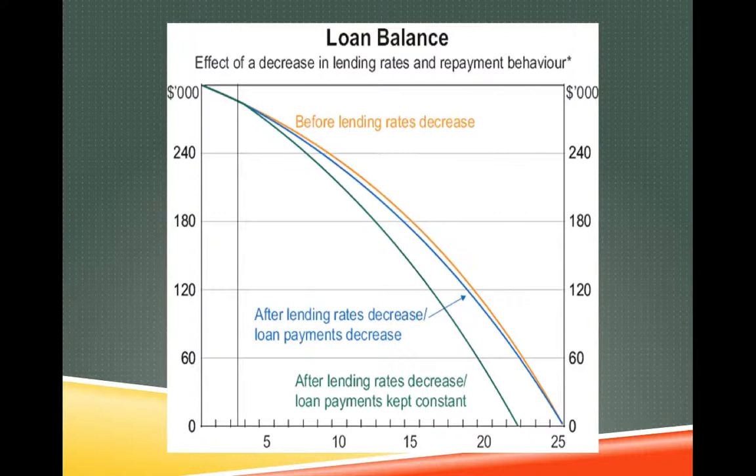During the term of this loan, probably just before 5 years, there's a decrease in lending rates. I then have the option, do I want to decrease my payment to the minimum it has to be, or do I want to continue repaying the amount I'm used to now at the higher interest rate?